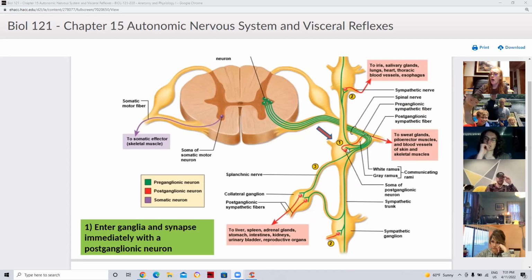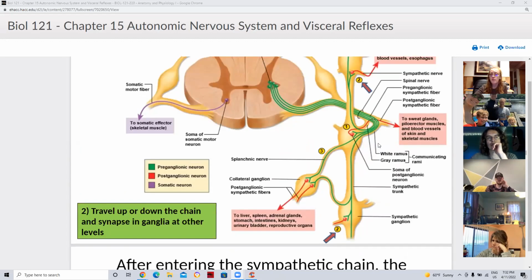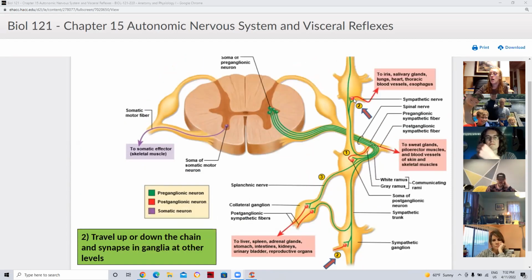And that postganglionic neuron is going to leave as an unmyelinated nerve fiber, or the gray ramus communicans. Alternatively, it can travel up and down the chain and synapse in the ganglia with another postganglionic neuron at a different level, with another gray rami communicantes.